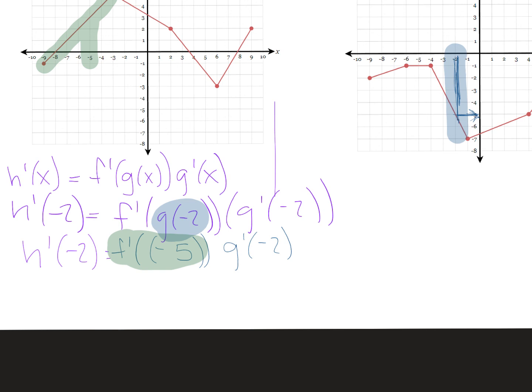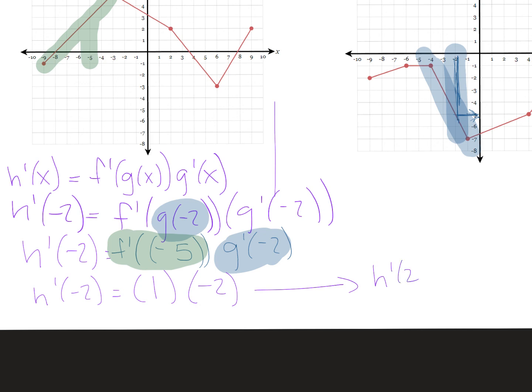Let me start writing this out. h prime of negative 2 is going to equal 1 times. Now let's take a look at the other graph. This is saying what is the slope of the g graph at negative 2? The slope here, if I'm looking really close, I think is negative 2. So here I'm going to write negative 2. When you finally multiply those all together, I'm hoping that I get h prime of negative 2 is equal to negative 2.